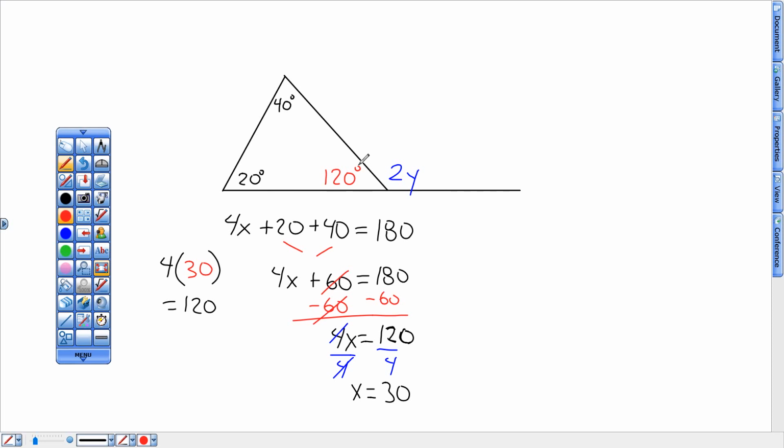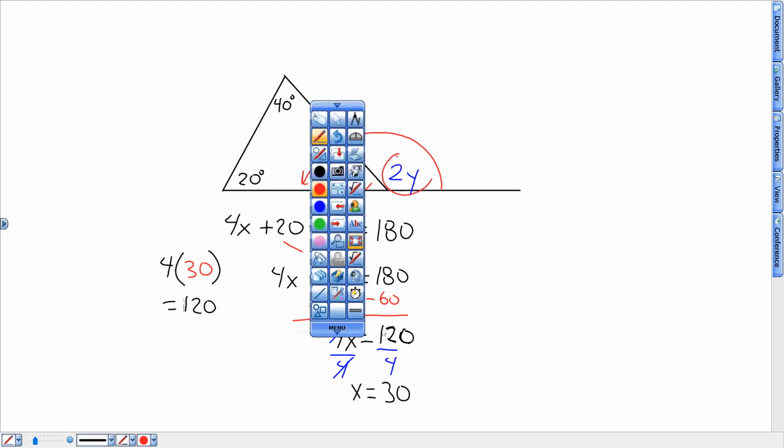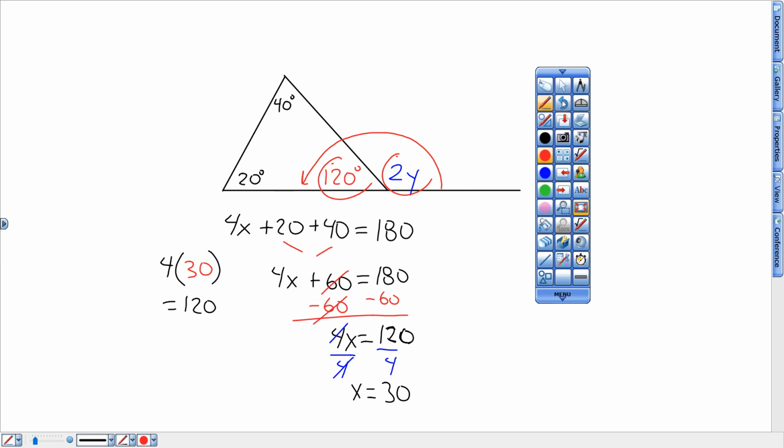All right, the next way to solve for this y, 2 ways. I could add up that 2y and this 120 equal to 180. That's one way you could do it. The other way is to take this 2y and know that it's equal to these 2 pieces added up. I'm going to show both methods. All right, here we go.